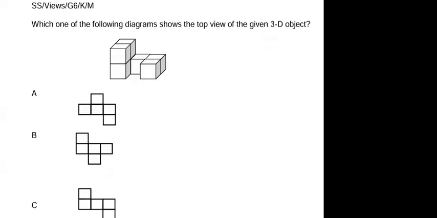It says, which of the following diagrams shows the top view of the given 3D shape? Now, the top view, it would see this here, if you're at the top, right? So 2, that's my opinion. And then you've got 1 at the edge. I've got 1 at the end, right? Because of the top you see, and then you've got 2.